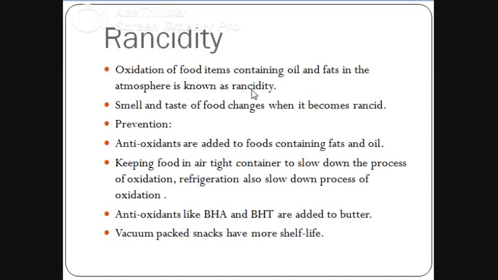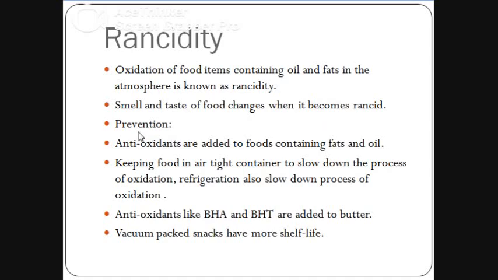So rancidity is oxidation of food items which contain oil and fats. When food items become rancid, their smell and taste change, and this makes them unfit for our consumption.